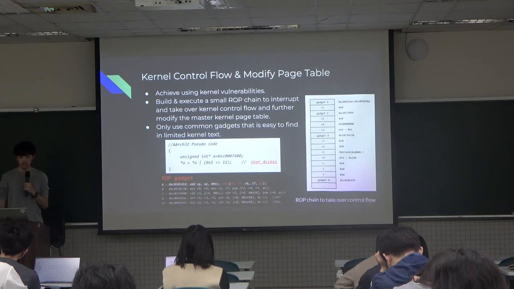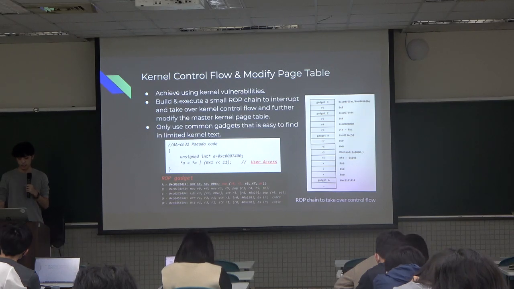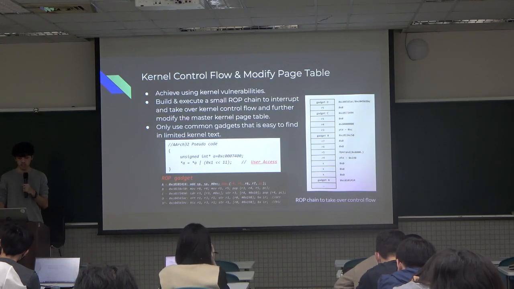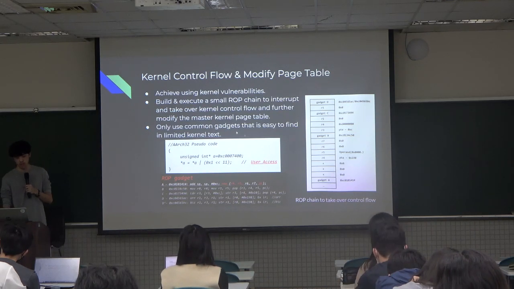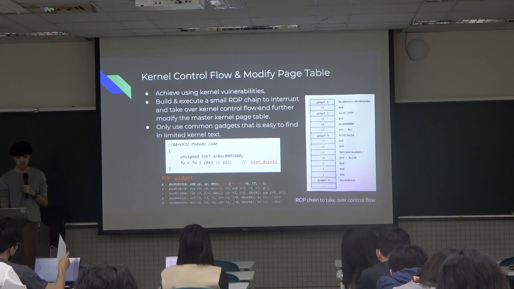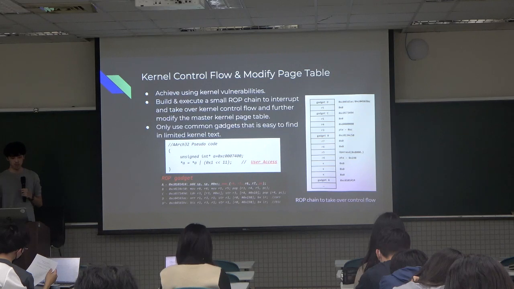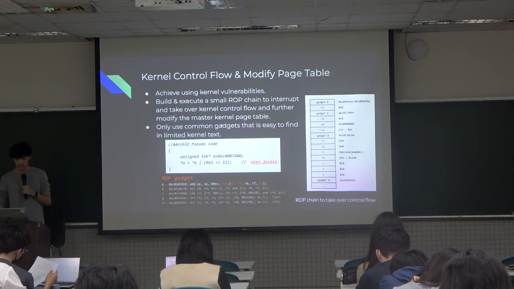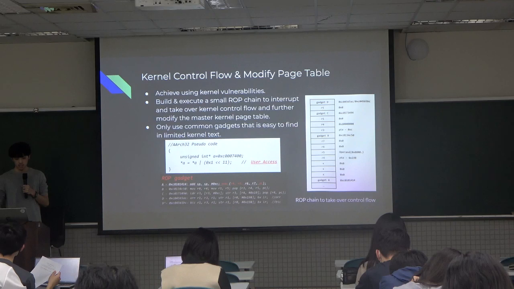You can achieve this using various kernel vulnerabilities, depending on your environment. In an ARM 32-bit Linux system, you can use a small ROP chain to interrupt and take over the kernel control flow and further modify the master kernel page table. This example ROP chain only contains common gadgets that are easy to find in limited kernel text.